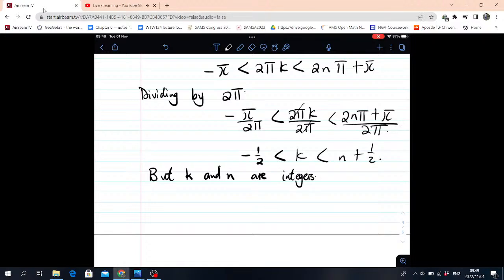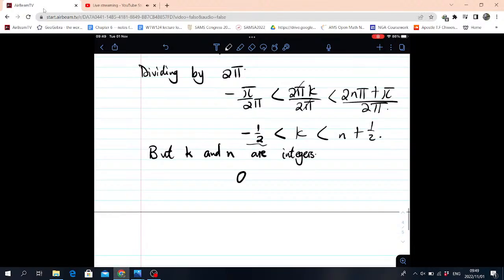The smallest integer that is greater than minus half is going to be 0, and the biggest integer that is less than n plus half is going to be n. So we can say that k is between 0 and n, with both 0 and n included.